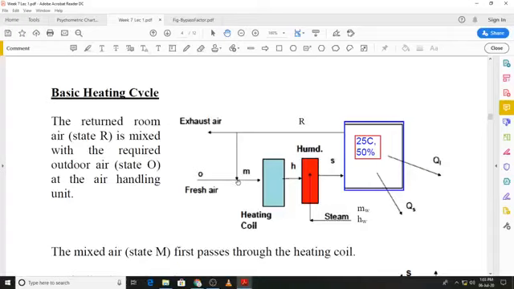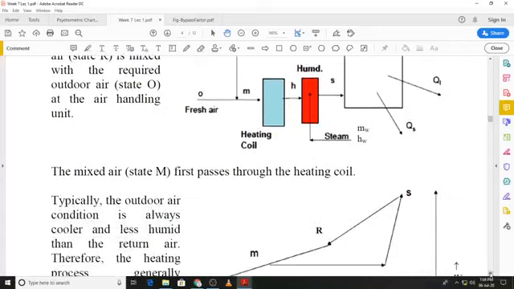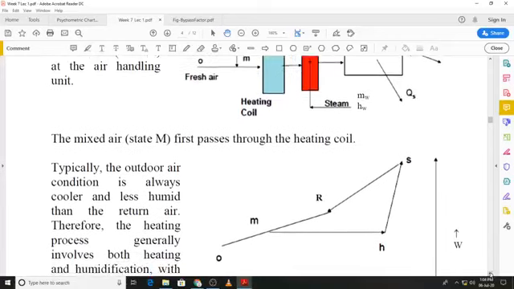So after we mix states R and O, the resultant state will be state M. That state M will then be heated to state H and humidified and supplied at state S to the conditioned space. This can then be represented as a cycle on the psychrometric chart, and that is shown over here.